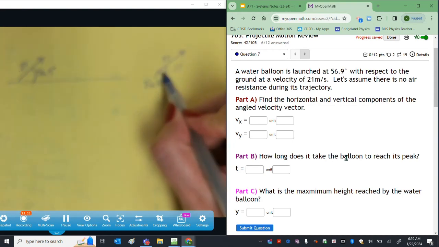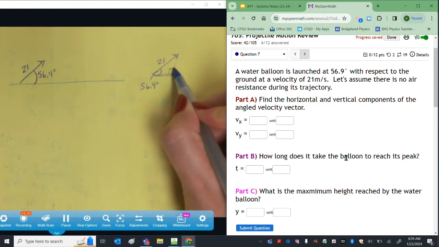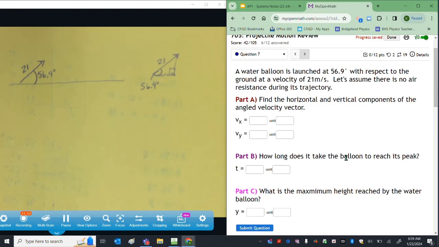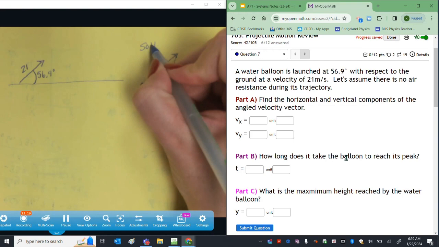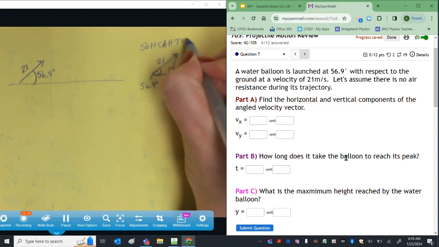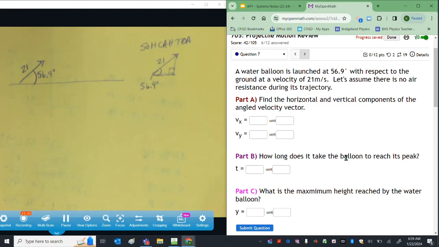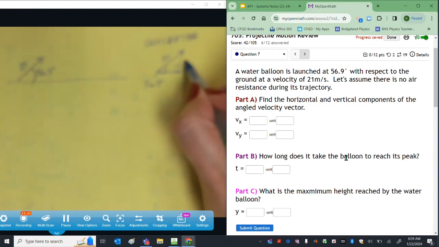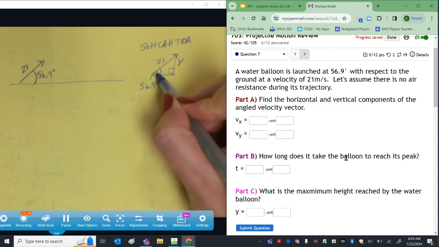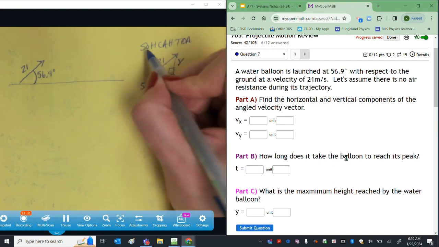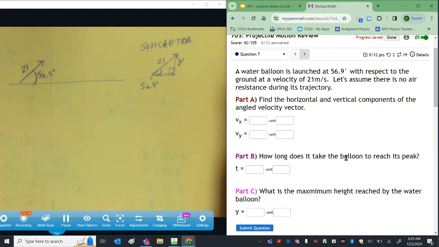We have our horizontal component, we have our vertical component. And we're going to use SOHCAHTOA to do this. Okay, if I want to solve for this side, my y component, it is opposite my angle, and I have the hypotenuse. Opposite and hypotenuse are right here, so I'm going to use sine.